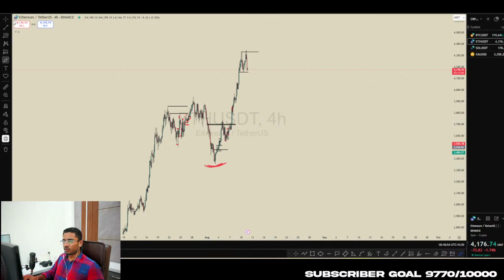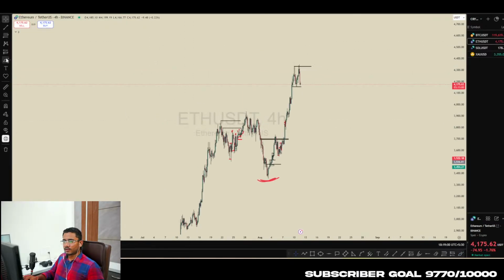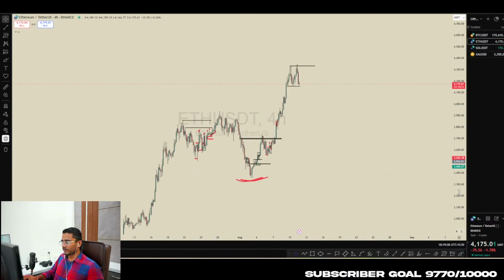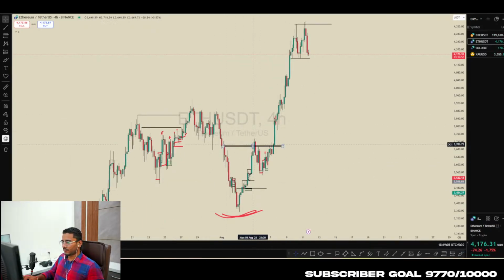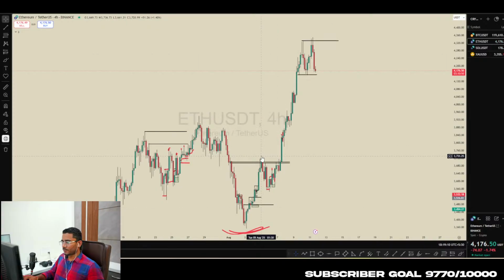And then this whole move, there is not a single liquidity sweep from the sell side. Here we see there is not even a single strong high. This price created a high, but it did not take any liquidity from the previous high. This is just a random high which was broken by the structure.